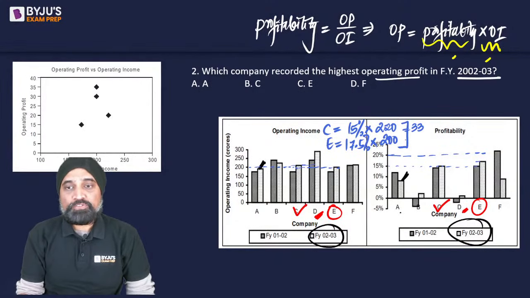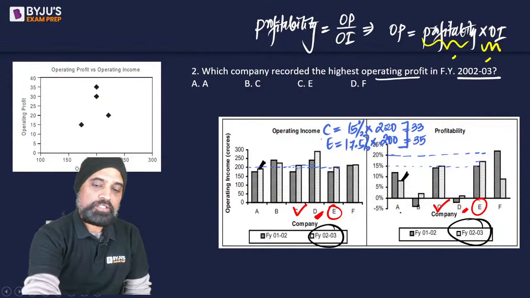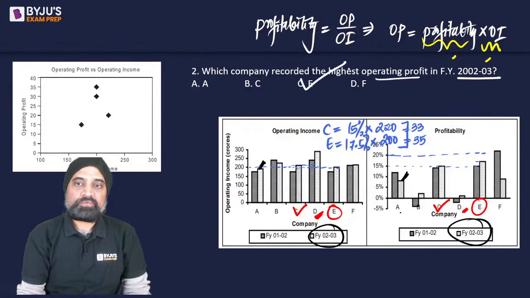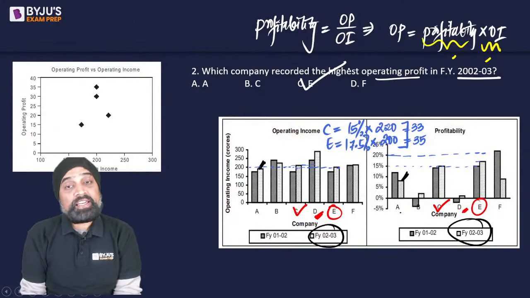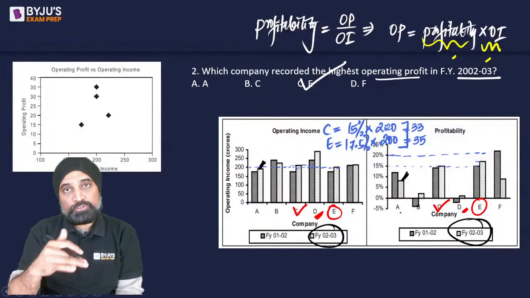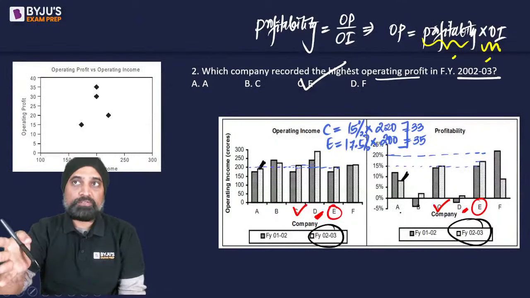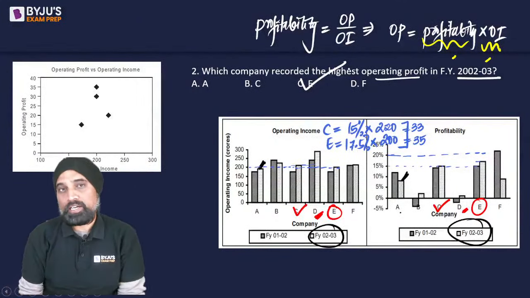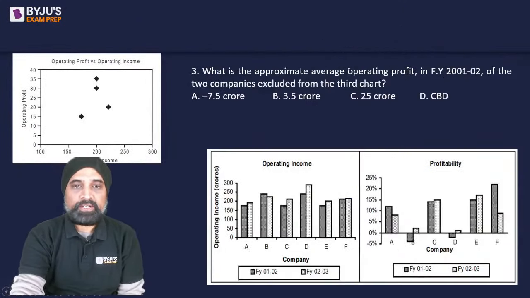And 17.5 into 2 is going to give us 35. So E is going to be the largest. So company E recorded the highest operating profit. So we don't have to look at all the figures. We have to only look at the company where the corresponding bars are among the highest, right?